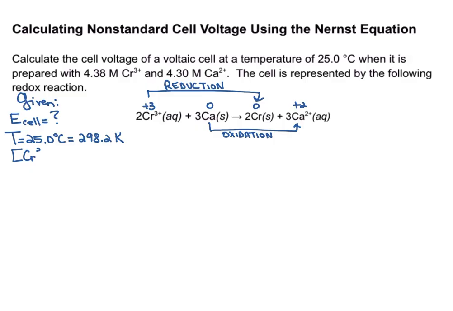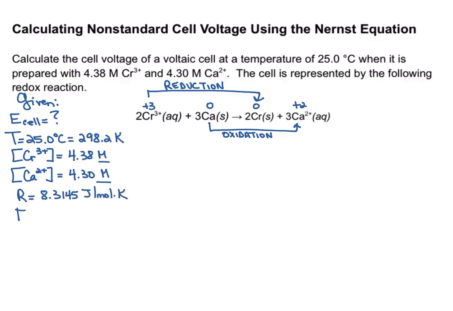We have the concentration of chromium 3 plus, we have the concentration of calcium 2 plus, and we have our constant R, and our constant F.